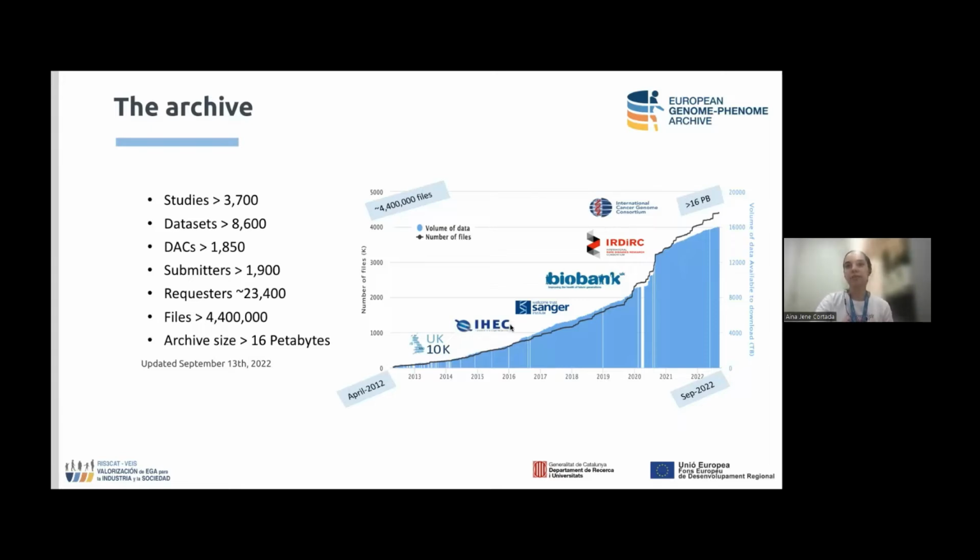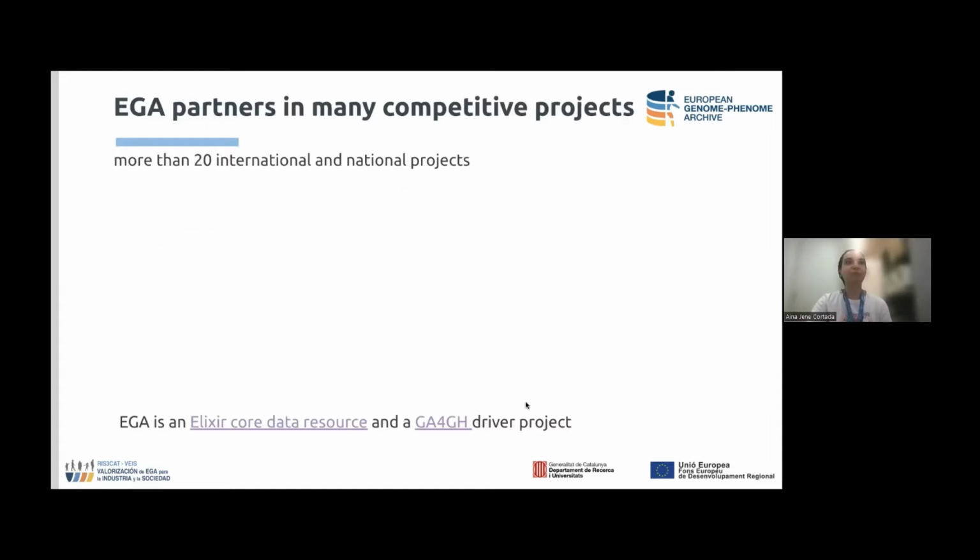As we can see in this graph, the data has grown over the years, and this data is a mix of small projects from different research groups, but we also contain large-scale biomedical projects such as UK Biobank, the International Cancer Genome Consortium from Canada, and many others, and more that will come in the future.